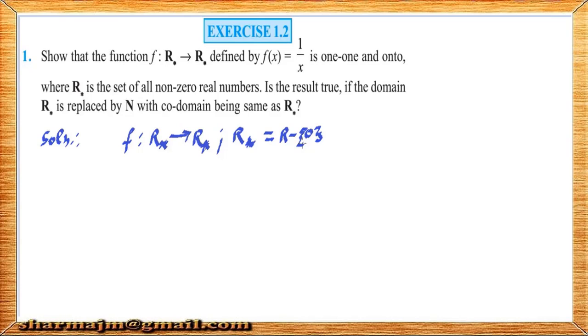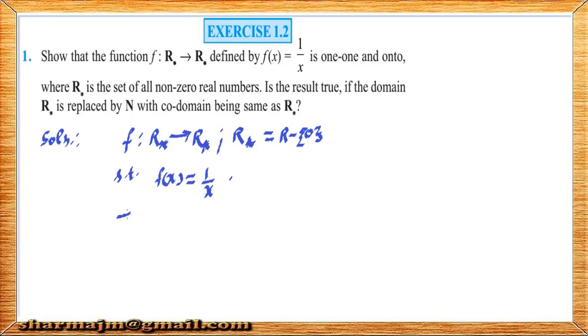And this function is defined as f of x is equal to 1 by x. Now 1 by x is not defined at x equal to 0 because division by 0 is not permitted. So therefore he has taken the domain as the set of real numbers excluding 0.